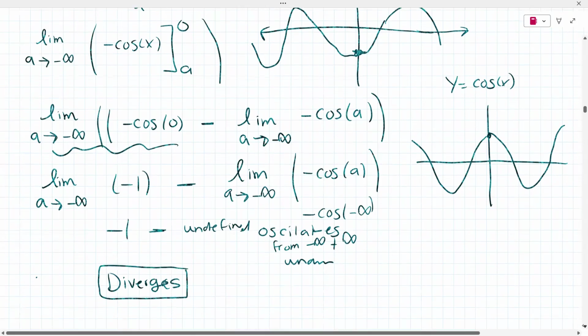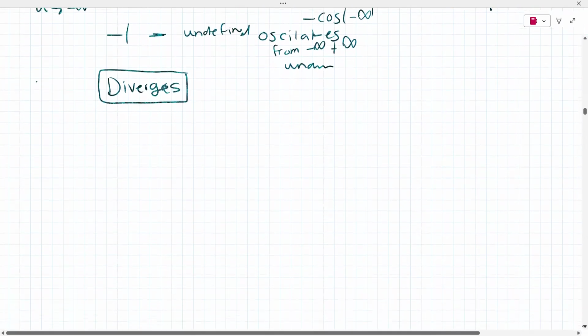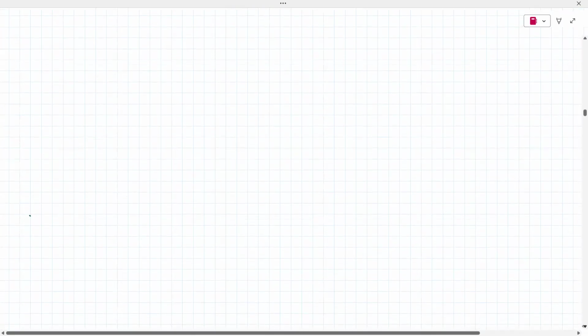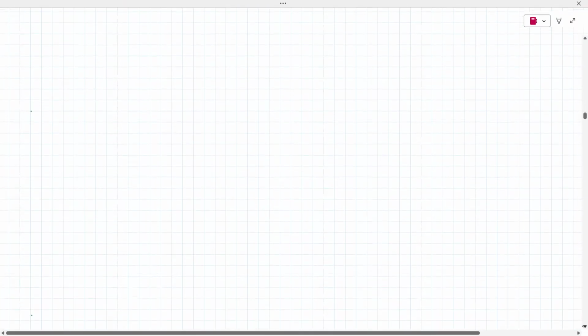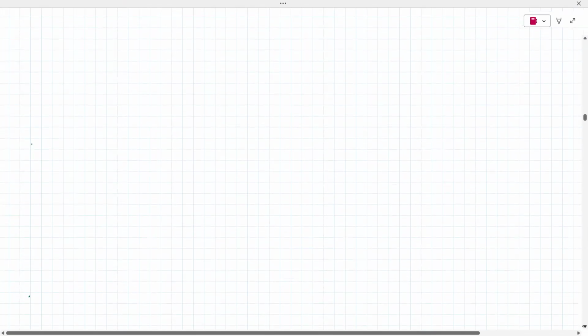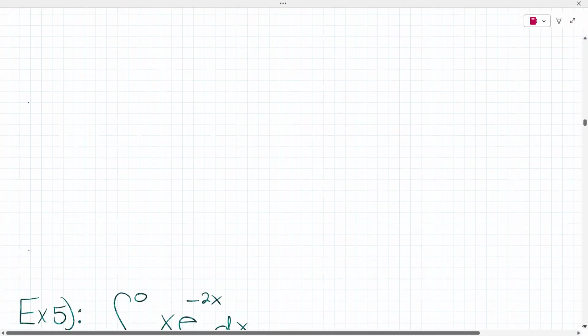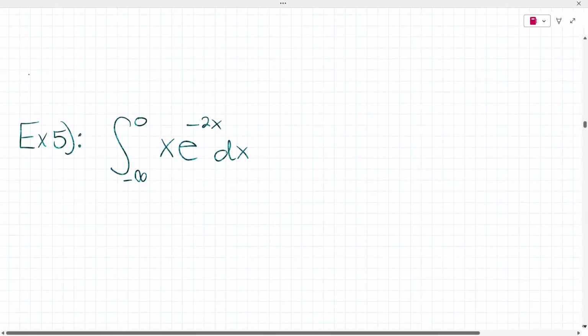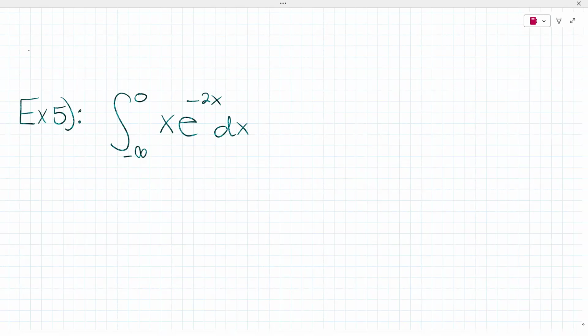Okay, let's move on to example 5. So our integral is from negative infinity to 0 of x times e to the negative 2x dx.